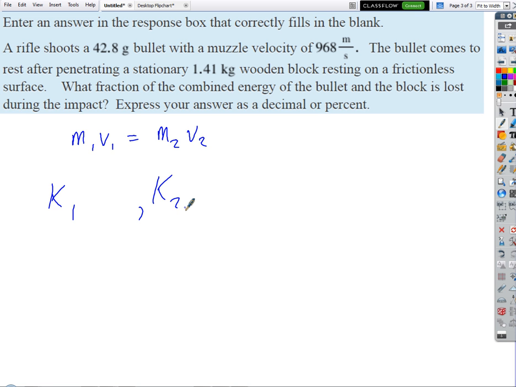Because we know their mass. Okay, what's involved in finding kinetic energy? Just 1/2 mv squared, right? So we know M1 and we know M2, right? So therefore, after the bullet lodges in the block, we know that the combined mass is just M2, isn't it?